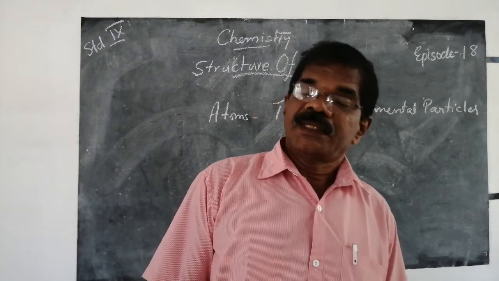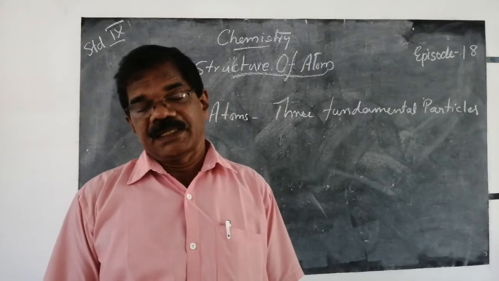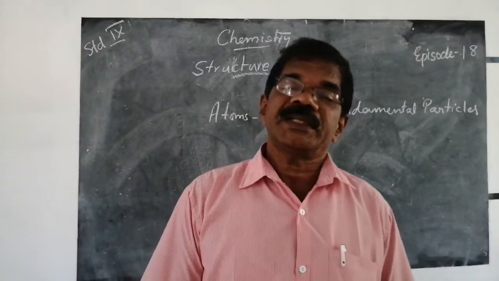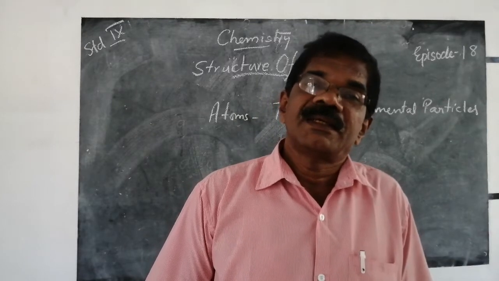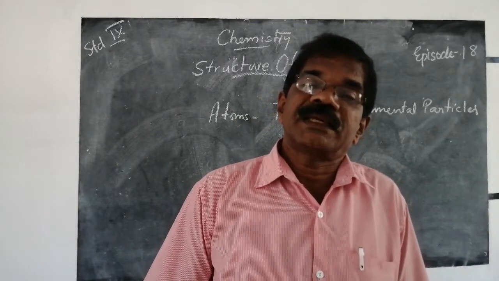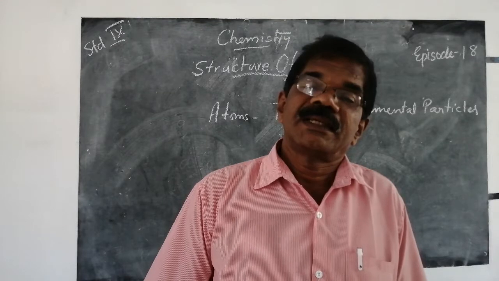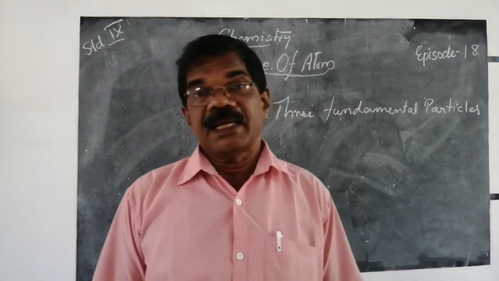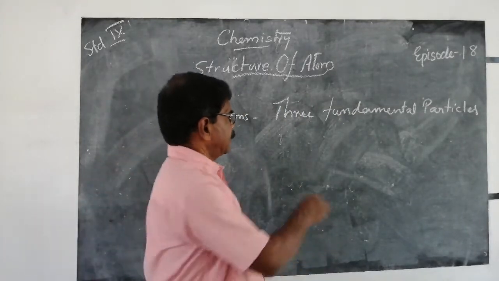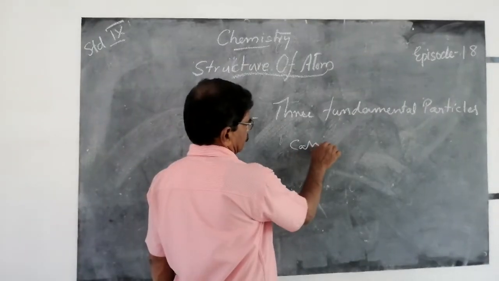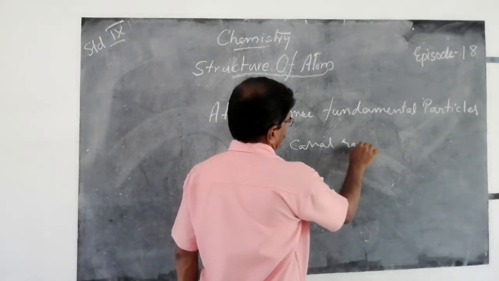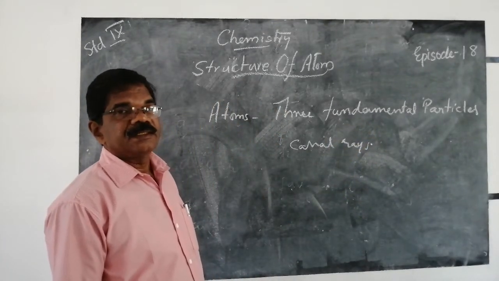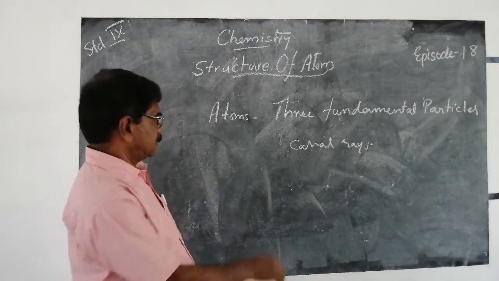At the same time, another scientist, Goldstein, in a discharge tube experiment, saw some radiations. He called these radiations canal rays. So, you must remember the names of these scientists.